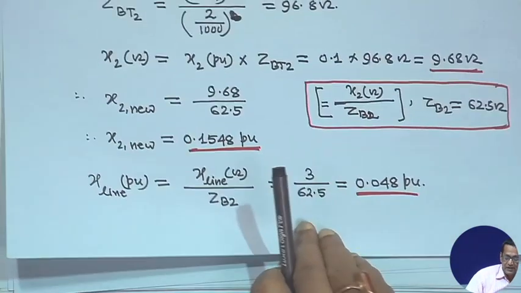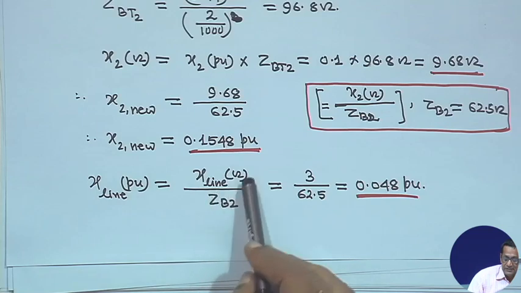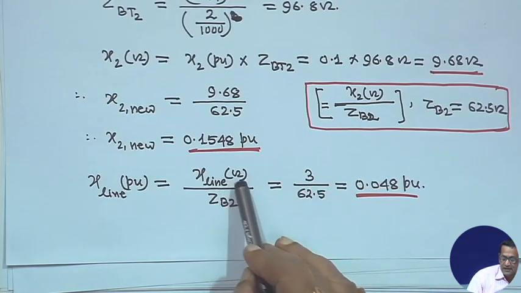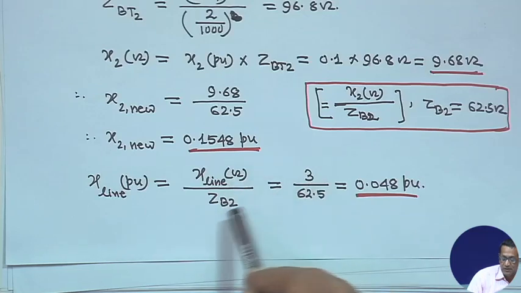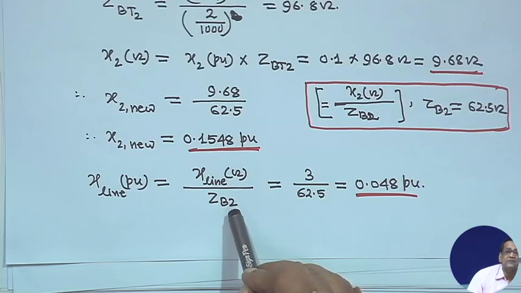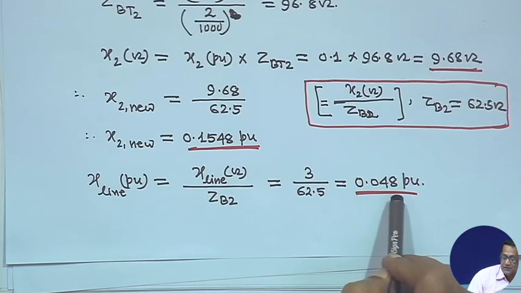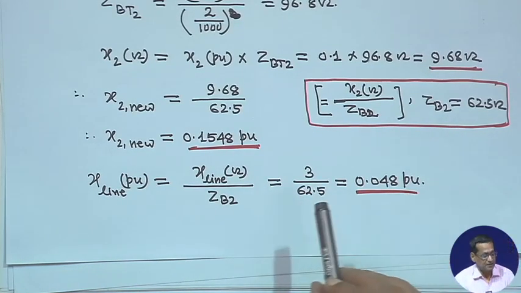Similarly, for the line, x line per unit is equal to x line ohm upon ZB2, that is 3 upon 62.5, because line reactance is 3 ohm divided by the base impedance of section 2, which gives 0.048 per unit.